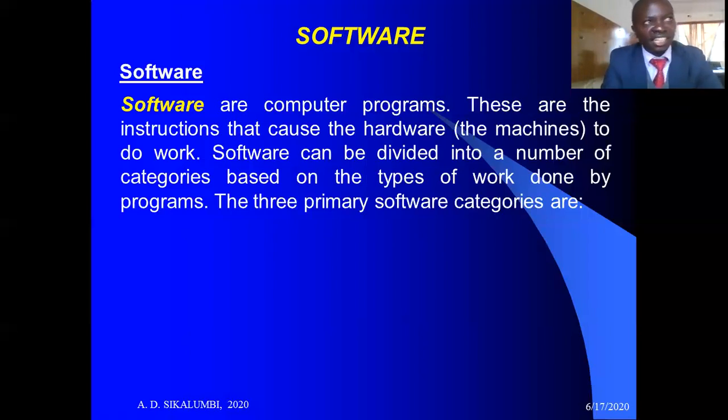Now, as we are discussing this important topic, it's important to have a goal in mind. The main objective of this unit is to discuss the classifications of computer software with examples.